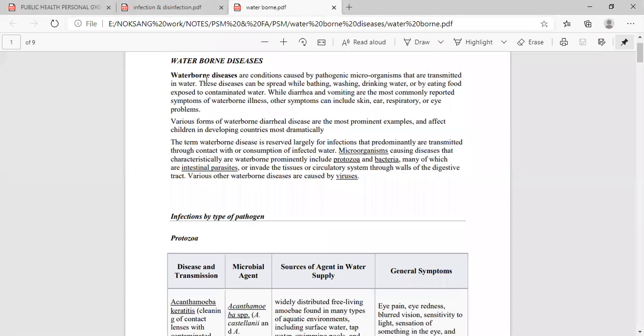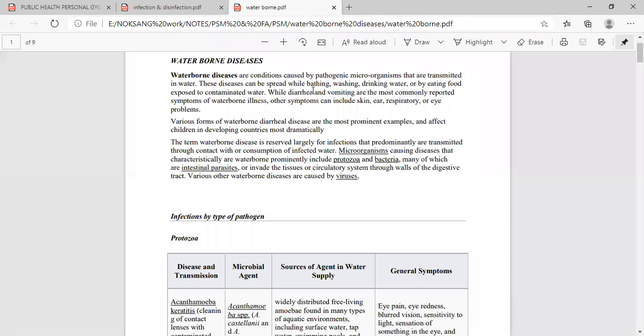So what are waterborne diseases? Waterborne diseases are mainly spread through water, by contaminated water, drinking dirty water. These diseases are also spread while bathing, whenever you take a bath, if the water is dirty.